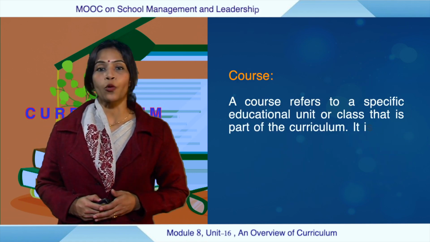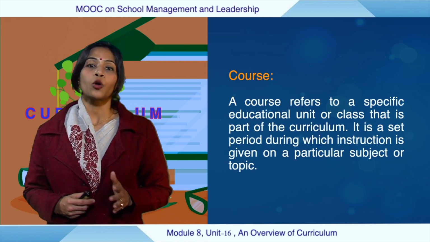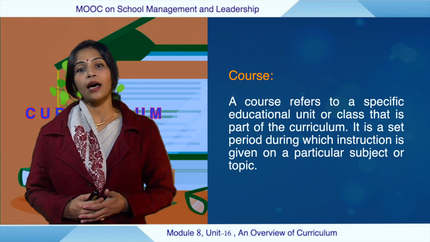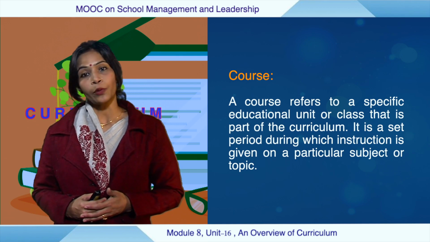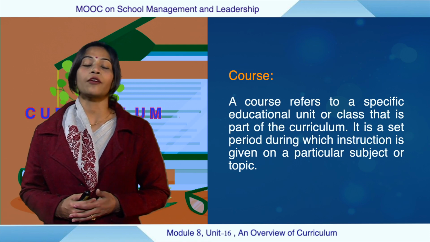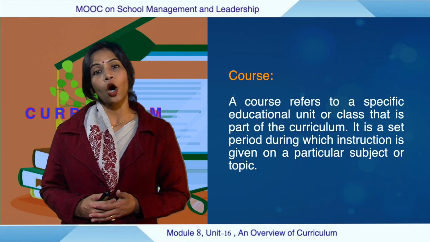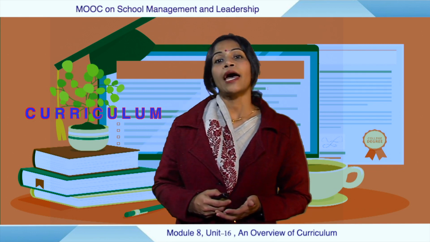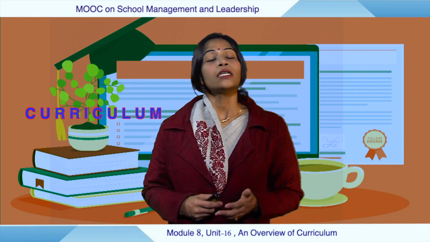Then what is the course? Course refers to a specific educational unit or class that is part of the curriculum. It is a set period during which instruction is given on a particular subject or topic. So these are some of the differences between curriculum, courses, and syllabus.